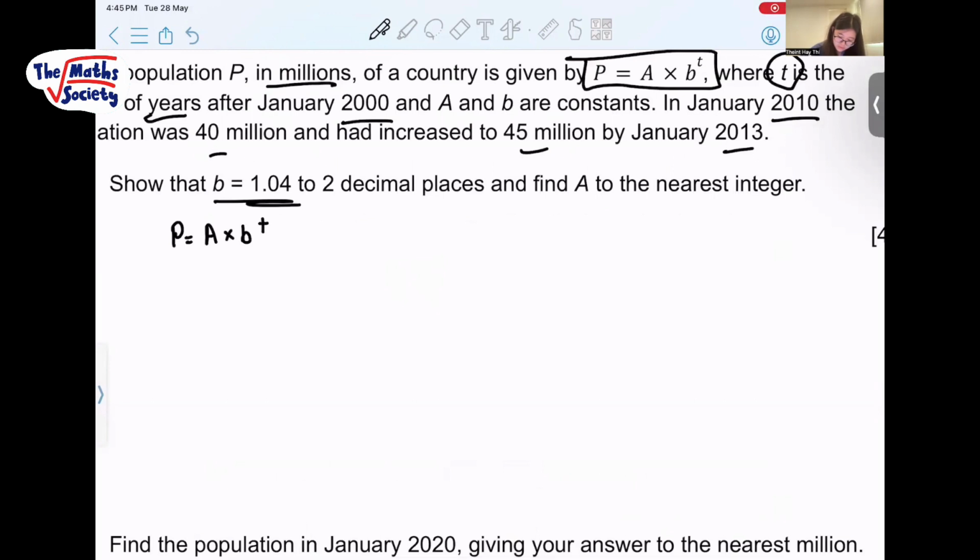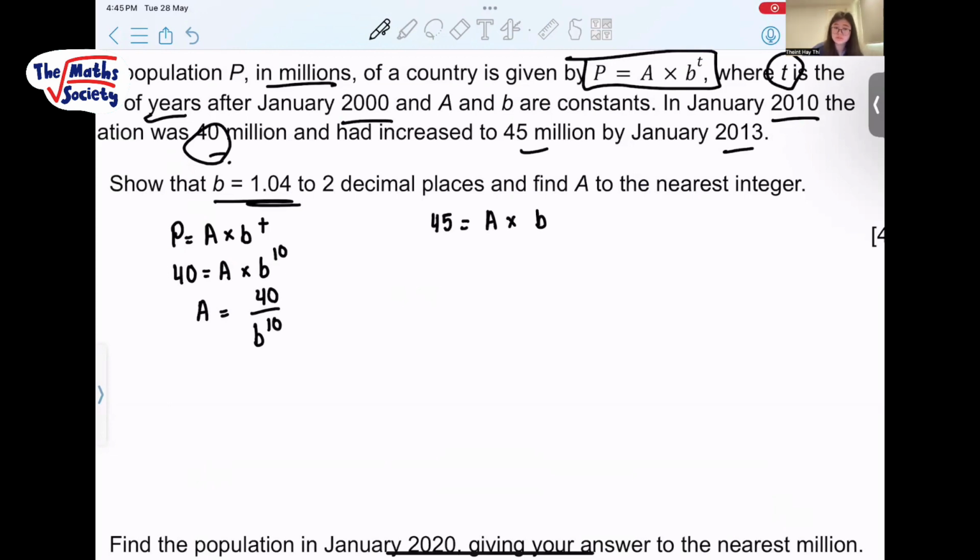So first of all, it's 40 million in 2010, which is 10 years after January 2000. So it's 40 million equals A, a constant, multiplied by B power 10. So if you want A, it's going to be 40 divided by B power 10. And then we have another, which is 45 million equals A multiplied by B power the time, which for 2013 is 13 years.